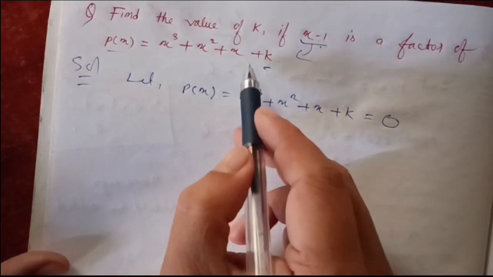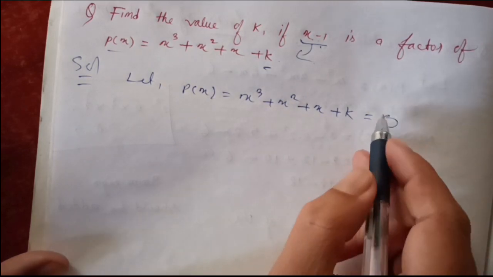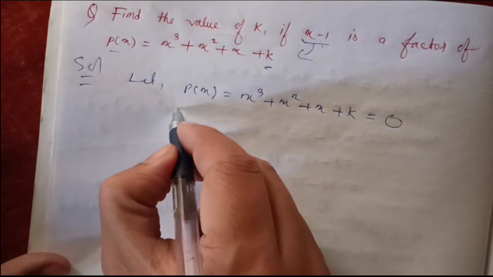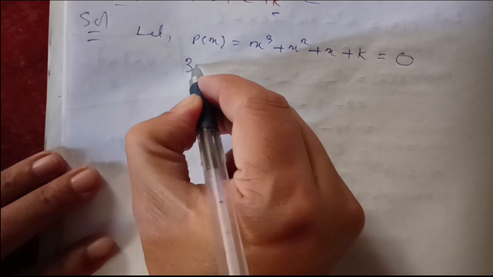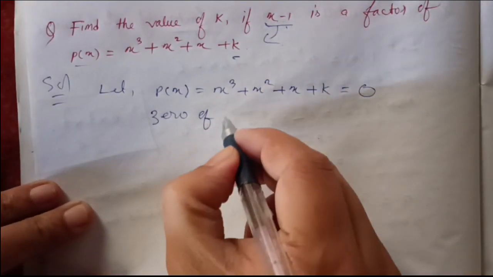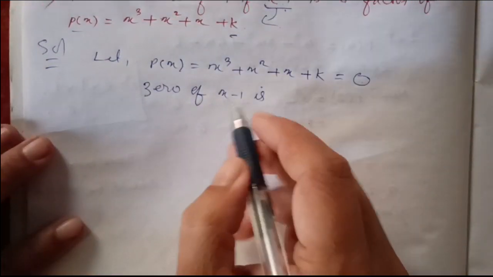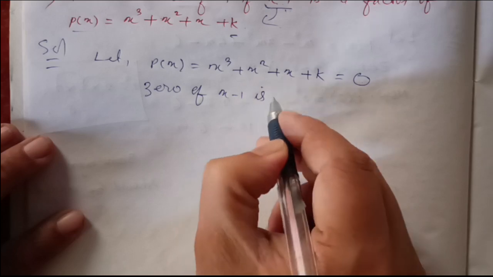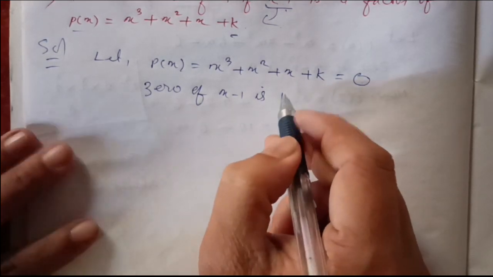So if this is a factor, then the remainder should be 0. Okay, now what is the next step? The zero of this divisor. Our divisor is x minus 1. What is the zero of x minus 1? I told you that we should take the opposite. What is the opposite of minus 1? Plus 1. Plus, you don't need to write.